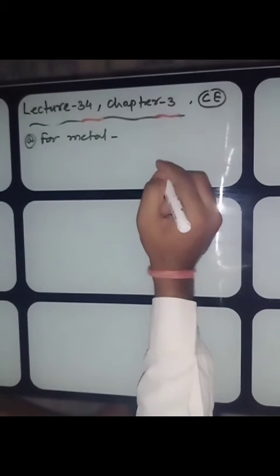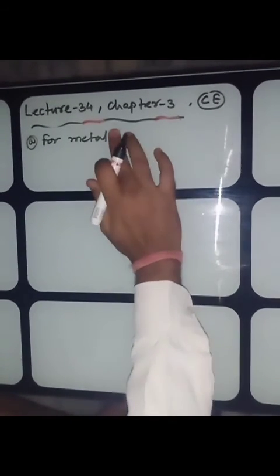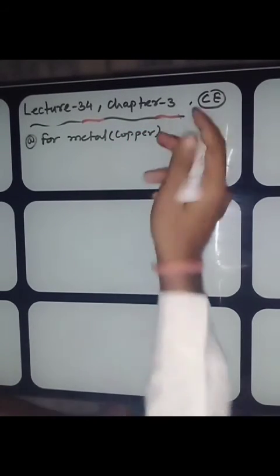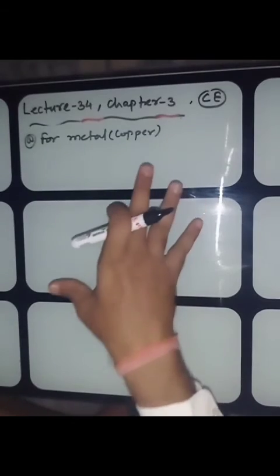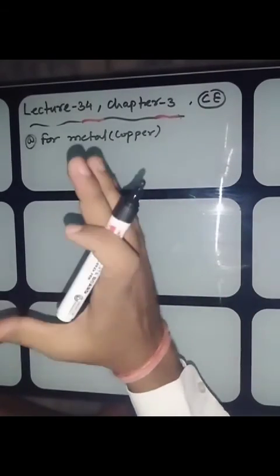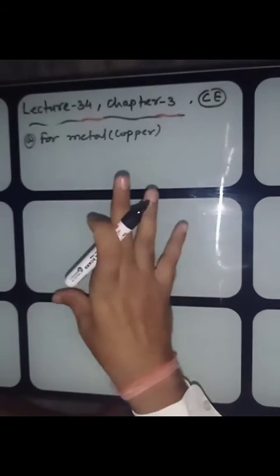Okay, so for the conductor, my dear student, you can take the example copper. I'm drawing this particular diagram using the NCERT book. Remember, you can read the NCERT directly for the copper. But one thing remember, it is not mentioned actually.